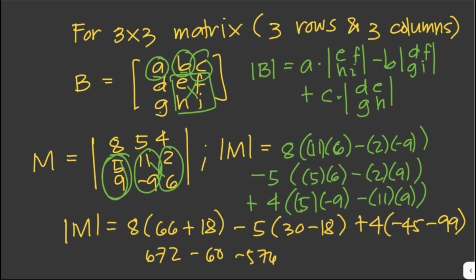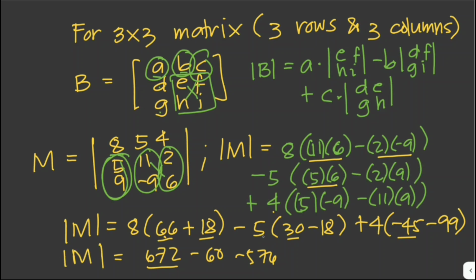Alright, so we have here 8 times 11 times 6. 11 times 6 is 66. Minus 2 times -9 is -18. Times negative, that would be +18. And then minus 5 times 6 is 30, minus 2 times 9 is 18. And then plus 4 times 5 times negative 9 is negative 45, minus 11 times 9, that is negative 99. And then we simplify: 66 plus 18 times 8 would give us 672.